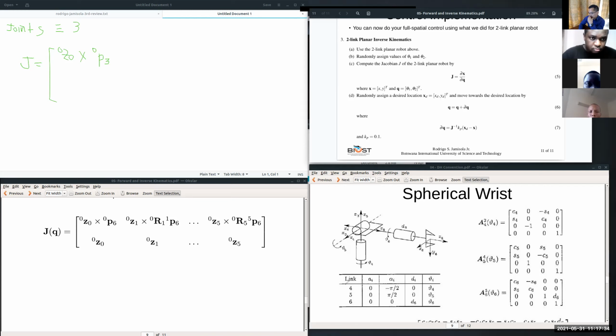We'll change the indexing here, 1, 2, and 3, so that we won't be confused. So this is theta 1, theta 2, and theta 3. And this one is D3.